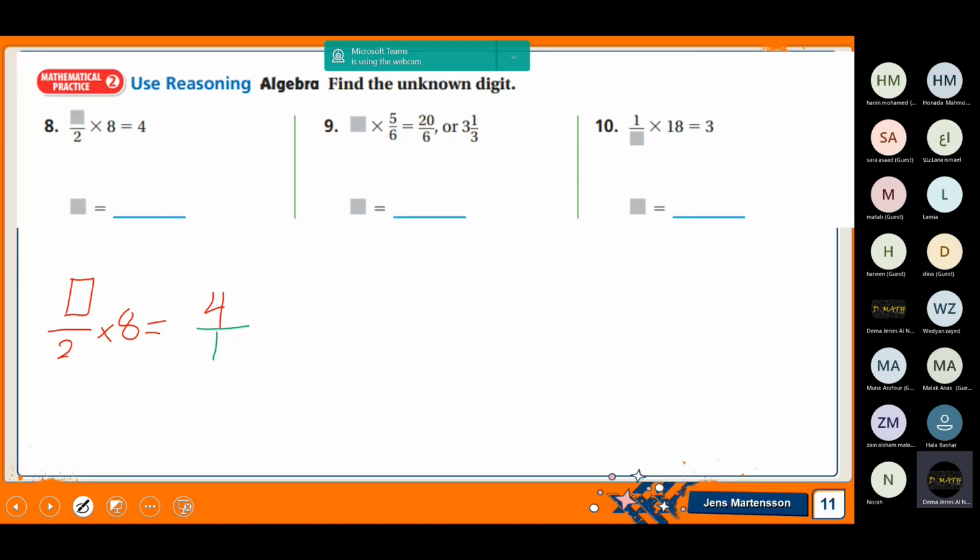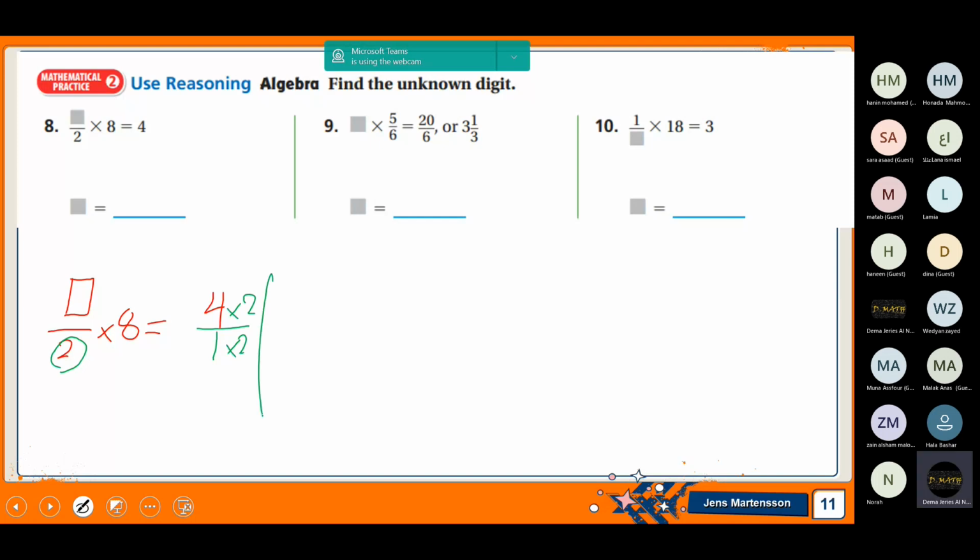Here there's a square over 2 multiplied by 8 gives you 4. Write 4 as a fraction. Where is the denominator now? It's 2, and here the denominator is 1. Multiply by 2.